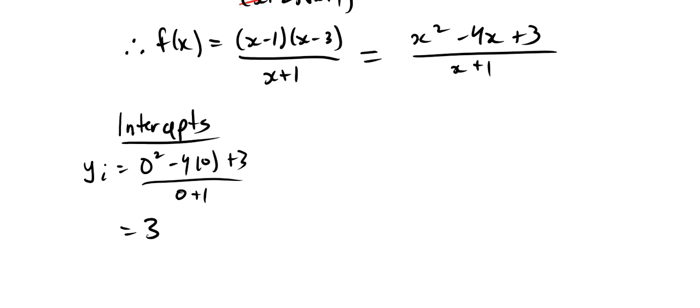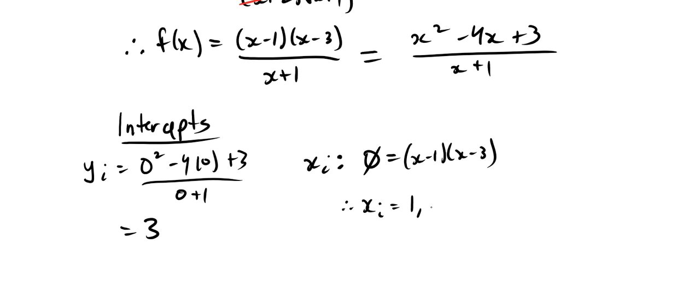So that's 3 over 1, which is 3. My y-intercept is 3. And my x-intercept, when 0 equals x minus 1, x minus 3. So my x-intercepts are 1 and 3.